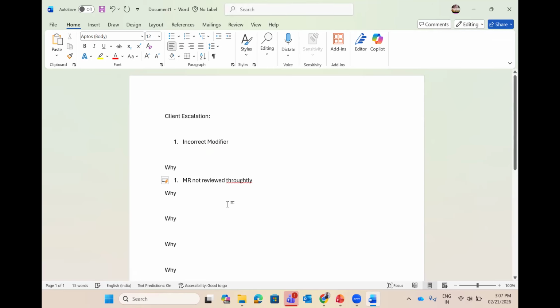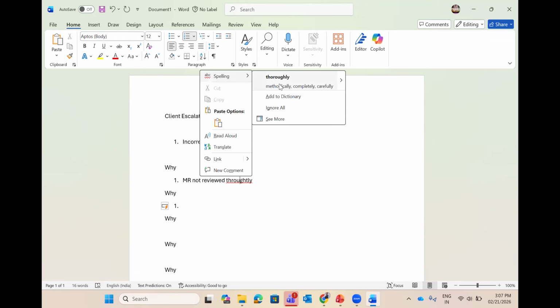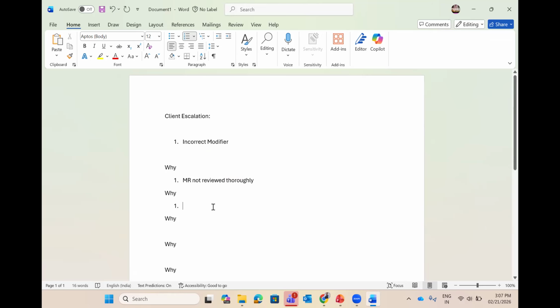The next question: why is the medical record not reviewed thoroughly? What is the problem? You have to answer, then only we can move, right? Why was the MR not reviewed thoroughly?